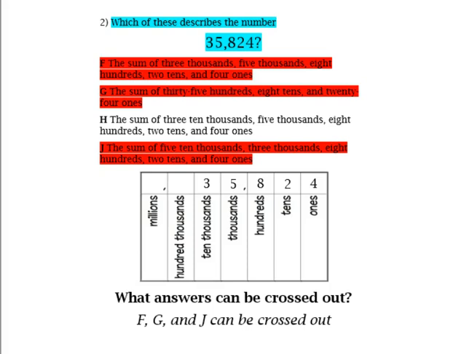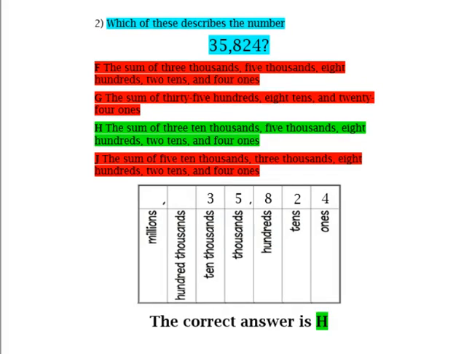So again, F, J, and G can be crossed out. And just like that, we have the correct answer. H, the sum of 3 10,000s, 5 thousands, 8 hundreds, 2 tens, and 4 ones.